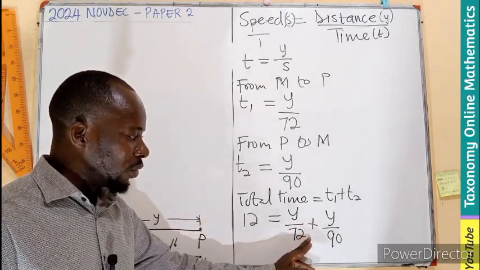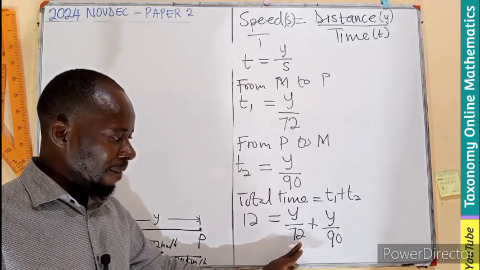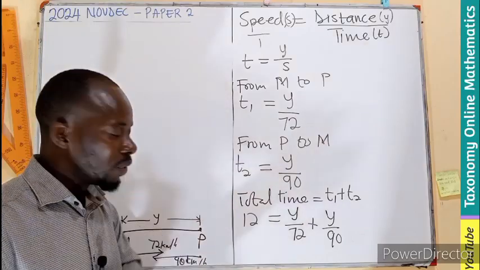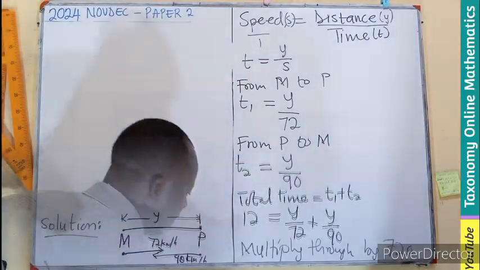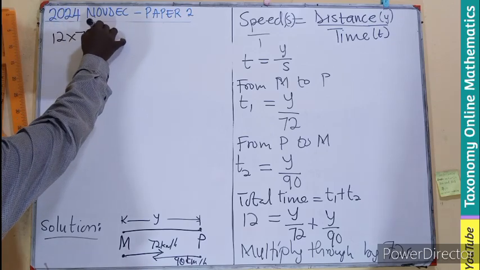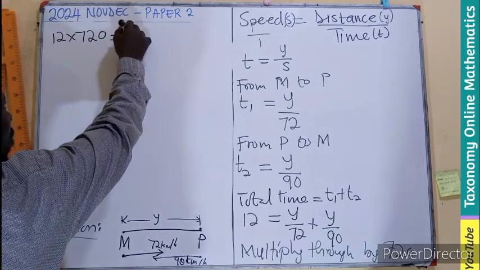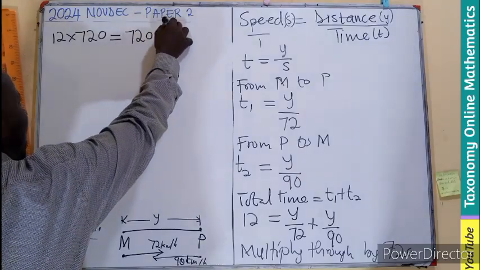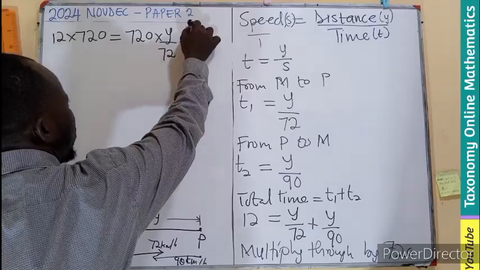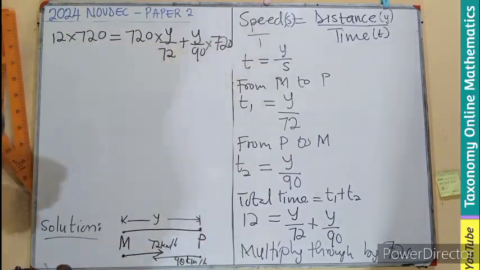So if I add 0 to this, 9 can go in here exactly 8 times, then 72 can also go into itself 10 times. So I'll be using the LCM, 720, to multiply through. So 12 times 720 equals 720 times y on 72 plus y on 90 times 720.